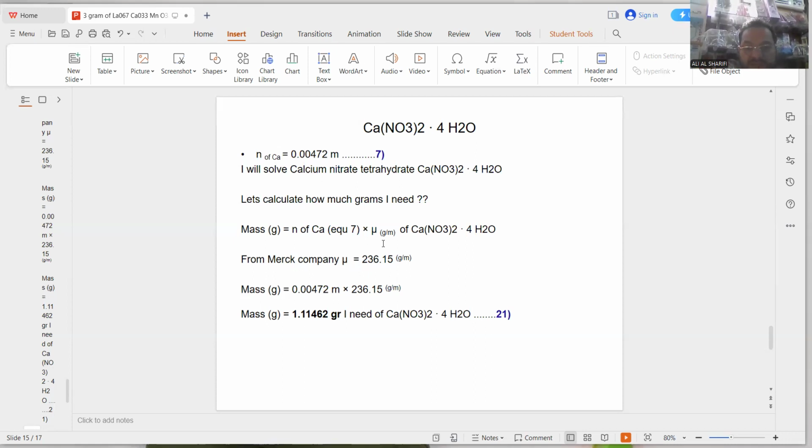That means mass in grams equals mole number multiplied by molecular weight. Mole number is at equation 7, 0.00472, multiplied by the molecular mass of this structure from their company, to have 1.11462 grams I need to put in the glass with solvents of pure water and hydrochloric acid.